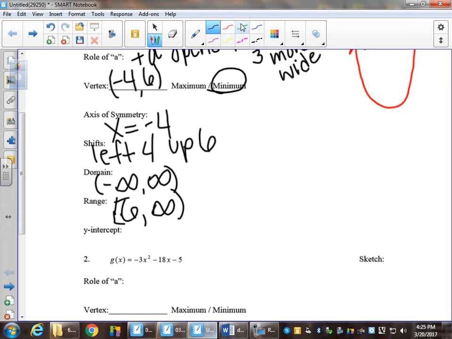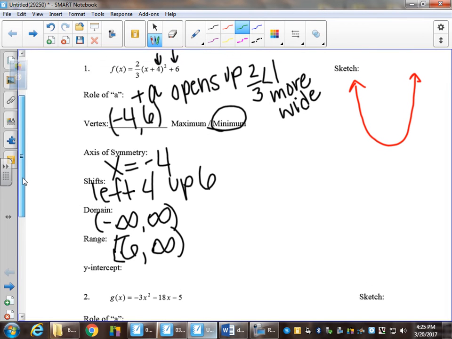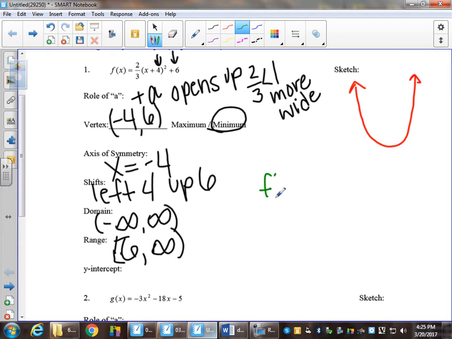And to find our y-intercept, we plug 0 back into our equation. So we're going to have f of 0 equals 2/3 (0 plus 4) squared plus 6.